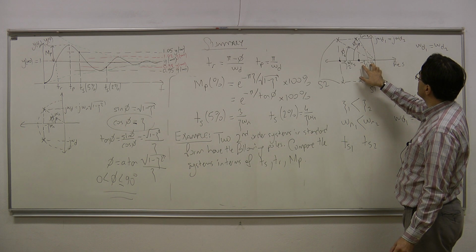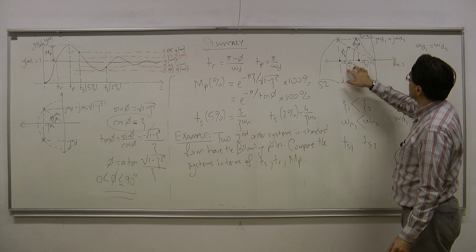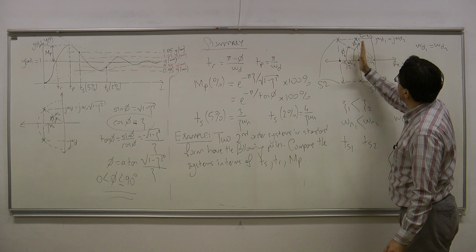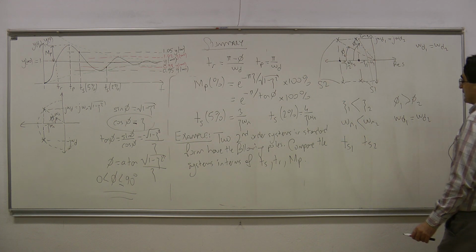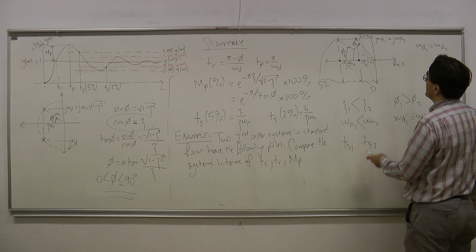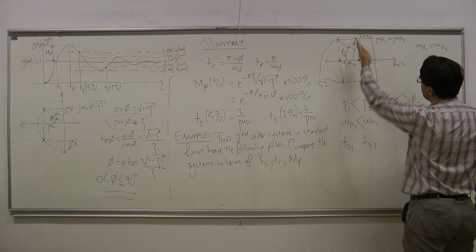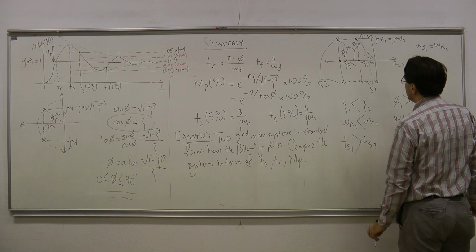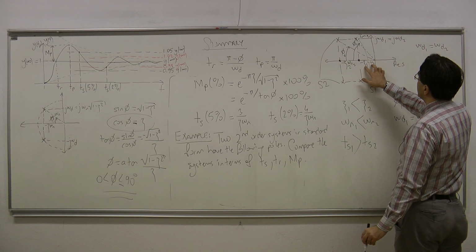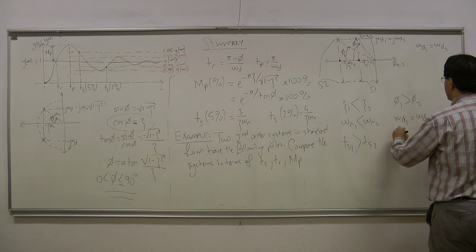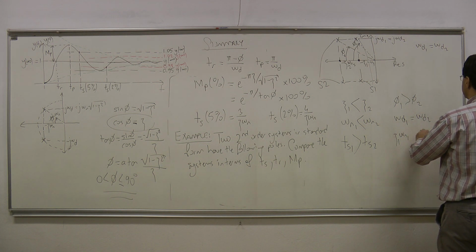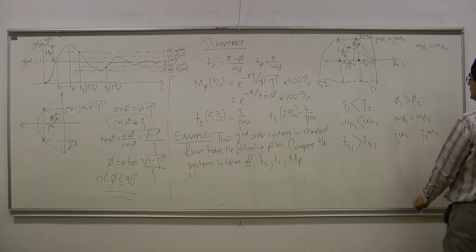So the magnitude of the real parts are getting larger and larger as the poles get away from the imaginary axis. That means that the first system is going to have a larger settling time. Because I can write psi 1 omega n1 and psi 2 omega n2.